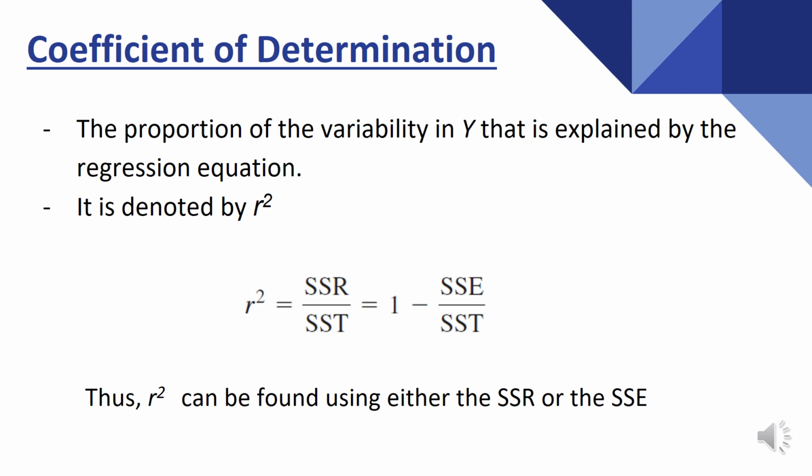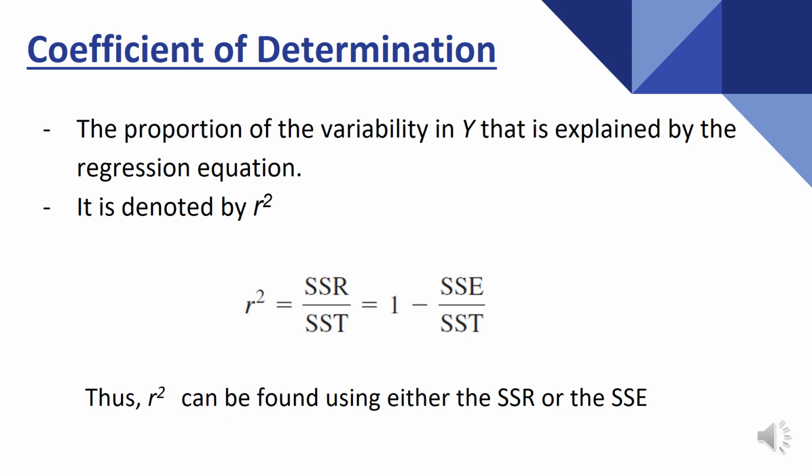Now let's proceed to the coefficient of determination. The coefficient of determination is the proportion of the variability in y that is explained by the regression equation. It is denoted by r squared. The formula for the coefficient of determination is r squared equals SSR over SST, or 1 minus SSE over SST.